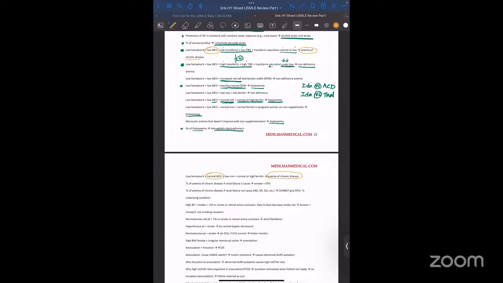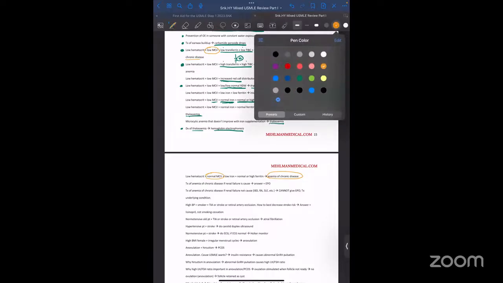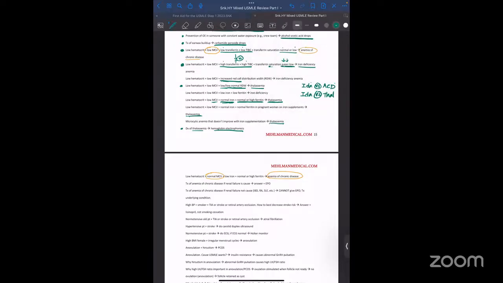So low hematocrit, normal MCV plus low iron plus normal or high ferritin is ACD.